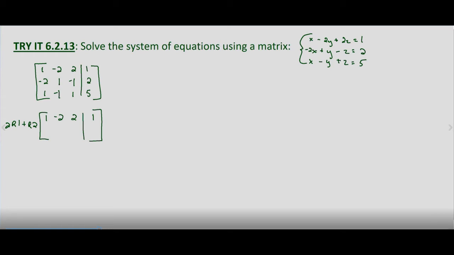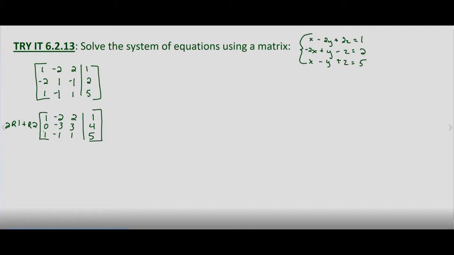So 2 times 1 is 2, plus -2 is 0. 2 times -2 is -4, plus 1 is -3. 2 times 2 is 4, plus -1 is 3, and 2 times 1 is 2, plus 2 is 4. We'll rewrite our third row, -1, 1, 5.